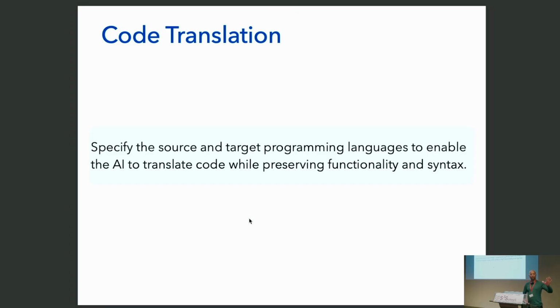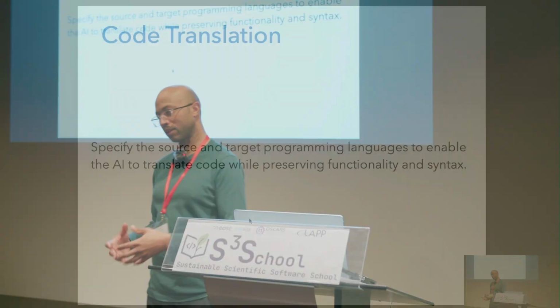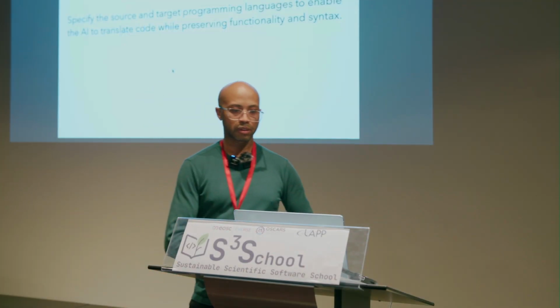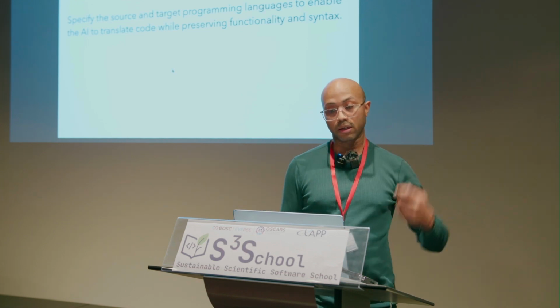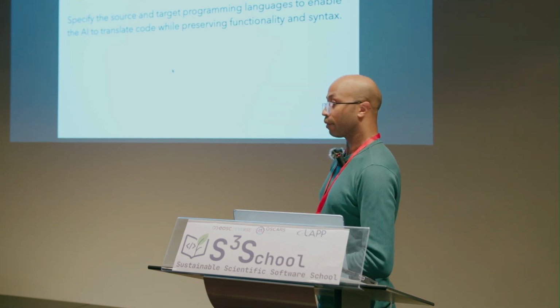The goal is that you have, say, a JavaScript code that you probably don't understand, and you want a Python equivalent code. Or you're looking at old C++ code and you want to translate that into something you know, maybe Rust, maybe Python again. So yeah, that's the idea.